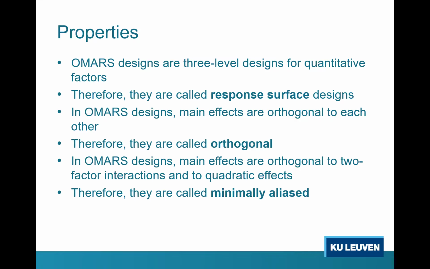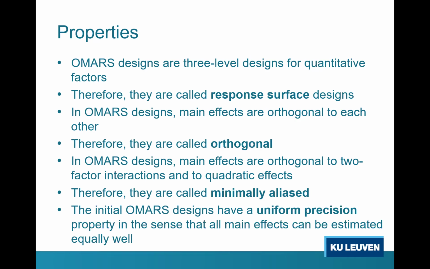And the final technical property is that the main effects are orthogonal to the 2-factor interactions and to the quadratic effects. And in the experimental design literature, that property is called minimal aliasing, MA. So we have orthogonal O, minimally aliased MA, response surface RS designs, so OMARS designs.